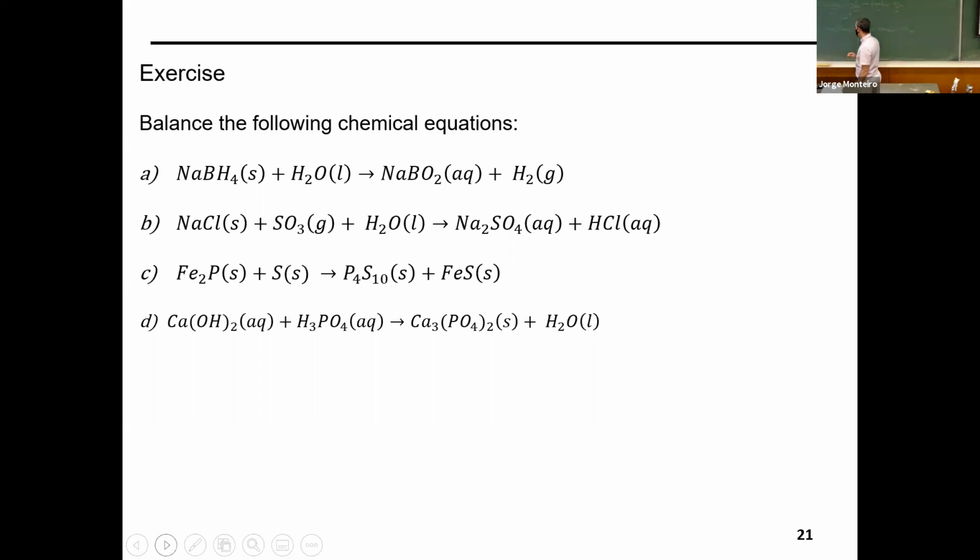I like to start here with sodium. Only here and here. There is 1 atom of sodium before and 2 after. 2 sodiums after. So let's introduce a 2 here. 2 times 1, 2 atoms of sodium before. 2 times 1, 2 atoms of sodium after. So this is balanced.